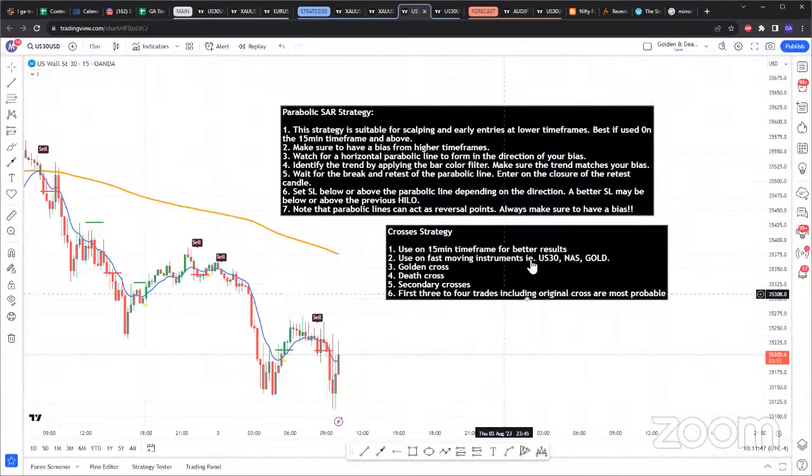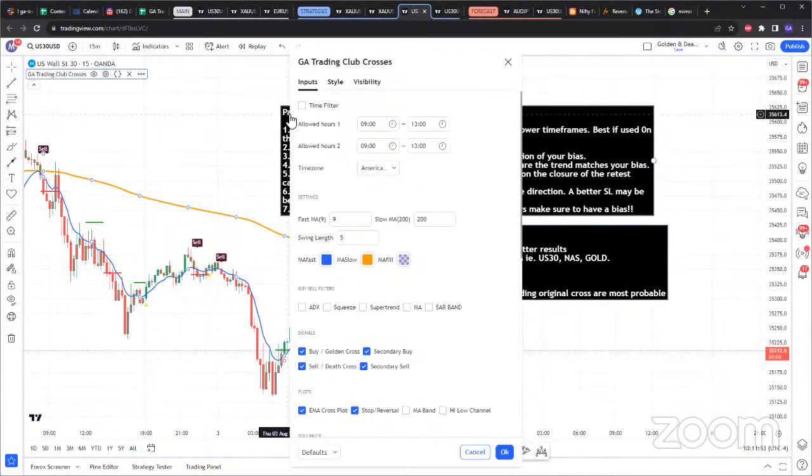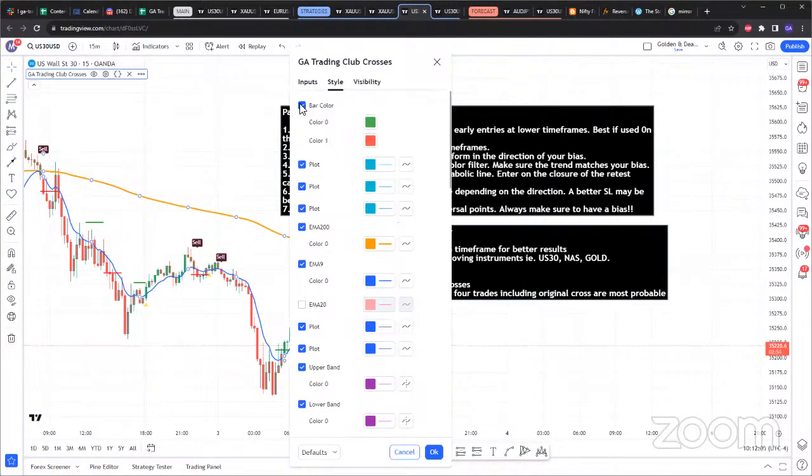So I think I have it here. In all indicators right now, if you go to the bottom, all indicators now have a time filter where you can filter signals based off of the time frame that you trade. So that's one major improvement here. The next major improvement is the bar color option inside every indicator.